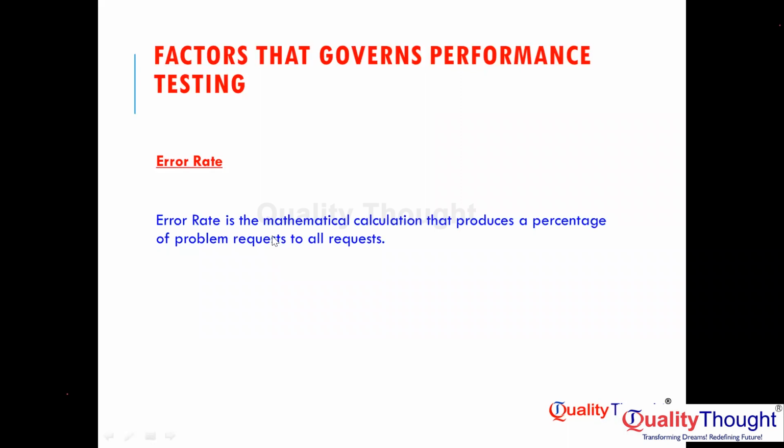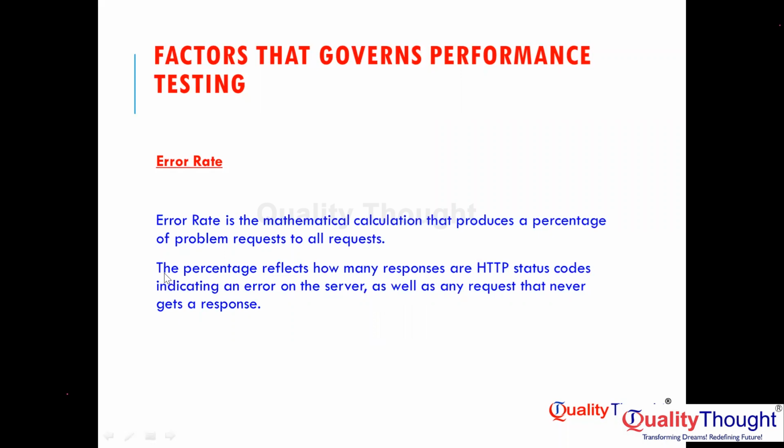So error rate is the mathematical calculation that produces a percentage of problem requests to all requests. That is what we discussed, right? So the percentage reflects how many responses are HTTP status codes indicating an error on the server, as well as any request that never gets a response, a wrong response or no response, whatever it is.